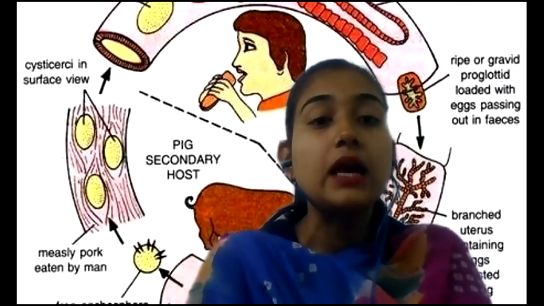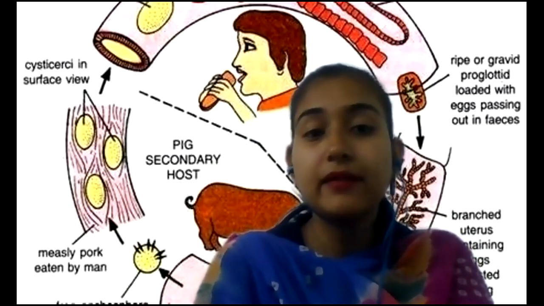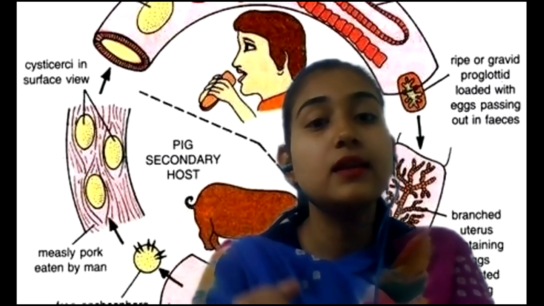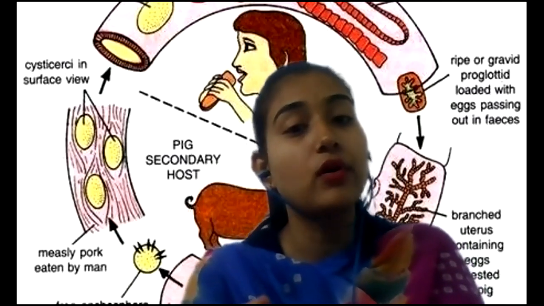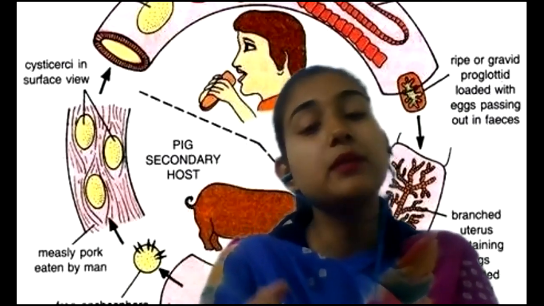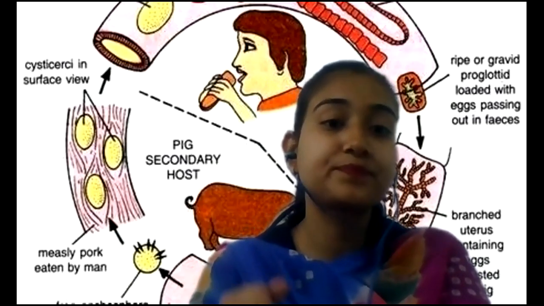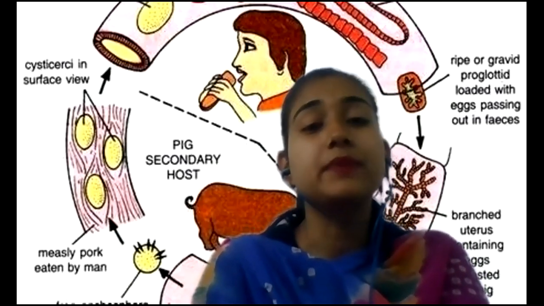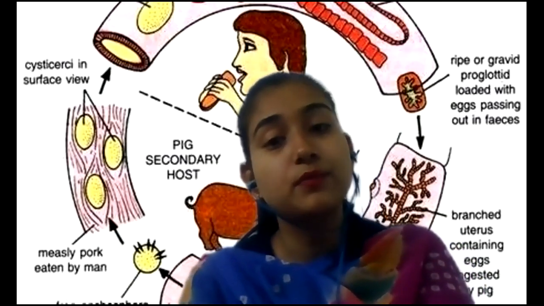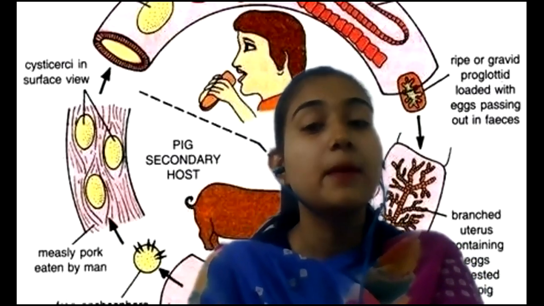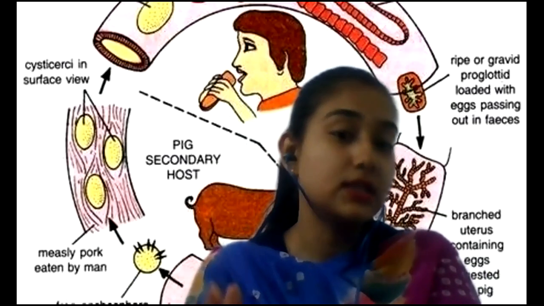proglottids. They are hermaphroditic. There is a set of female and male reproductive organs in every mature proglottid. The digestive tract is absent. Nutrition is absorbed by villi of the body surface.